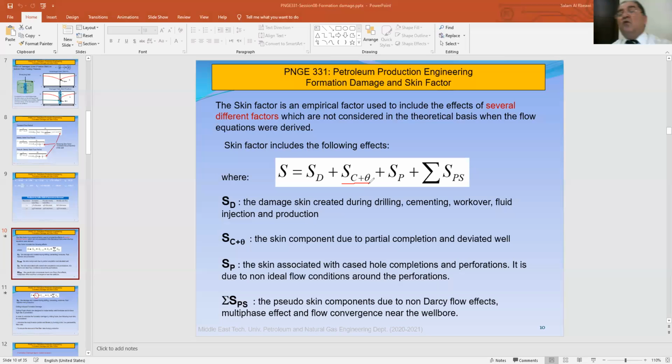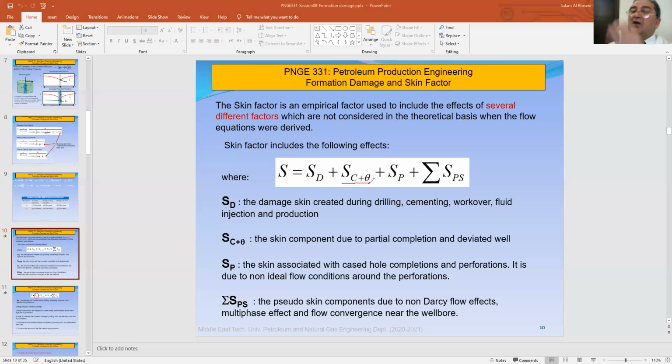The last one, category number 4, is the skin factor of non-Darcy flow or multi-phase flow, or when we have the convergence of the flow streamlines.